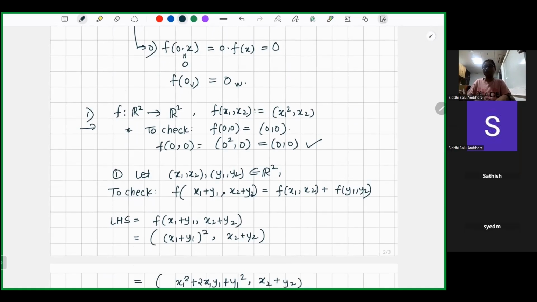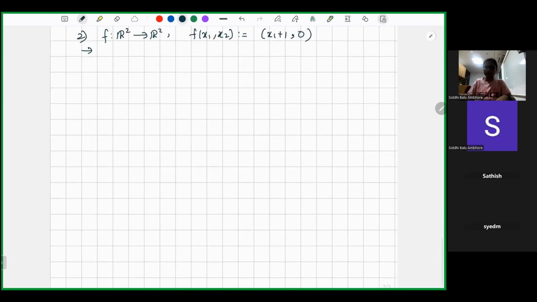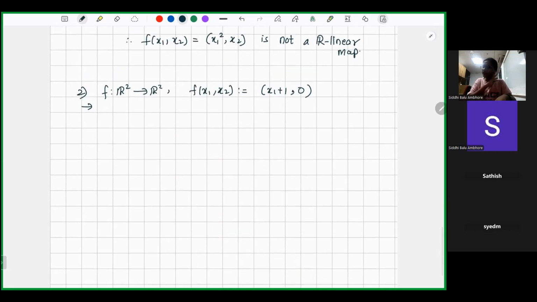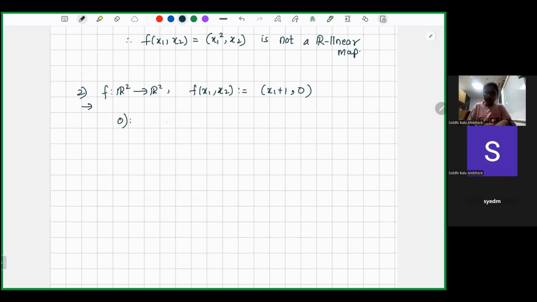If this is not holding for the given map, then in the first step itself we can reject that the given map is not a linear map. So let us check whether f of (0, 0) is equal to (0, 0) or not.